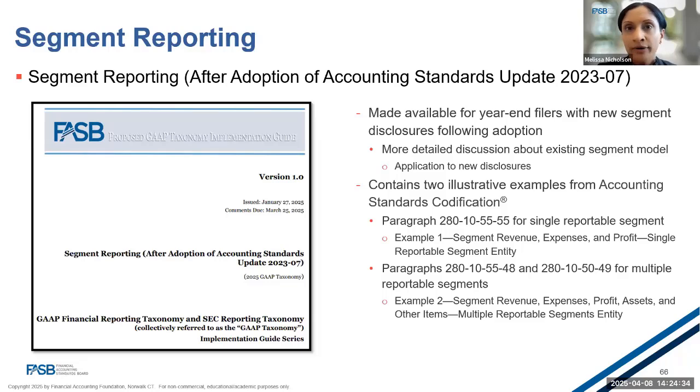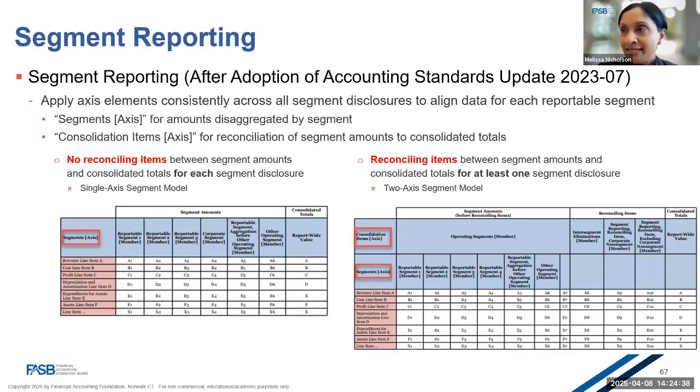And the most important consideration, and hopefully this is what is provided and discussed in great detail in the new guide, is that when applying the axis elements to the segment disclosures, the expectation is that they are applied consistently across all segment disclosures so that the data is aligned for each reportable segment. So what do I mean by that?